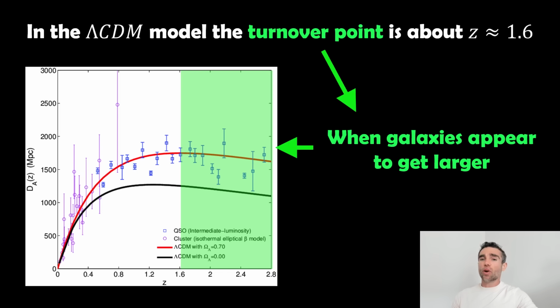Galaxies get smaller and smaller, but once they get to a certain redshift or a certain distance from us, approximately 1.6, 1.5 redshift, then the galaxies start to get larger again. That's because you've gone over that critical turning point where the universe was considerably smaller, that far away. So it makes the galaxies appear bigger, and that turning point is about 1.6-ish on the redshift.